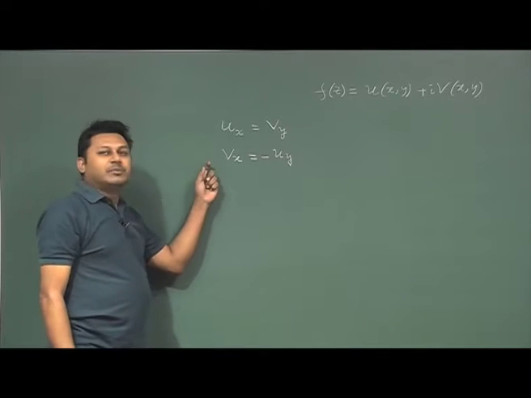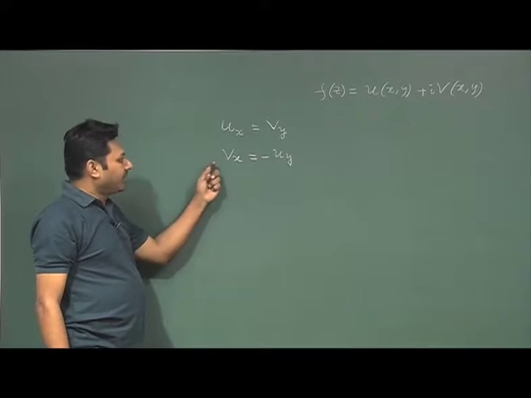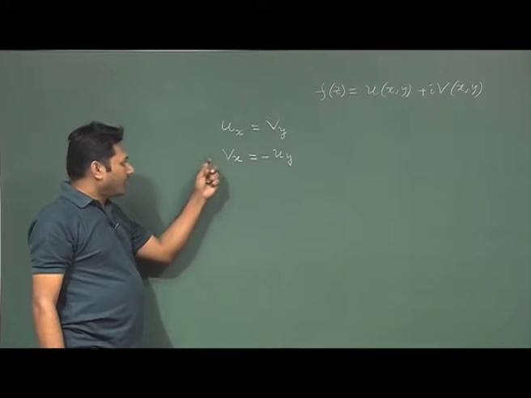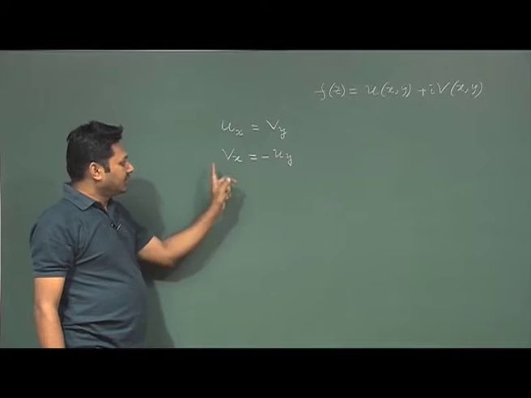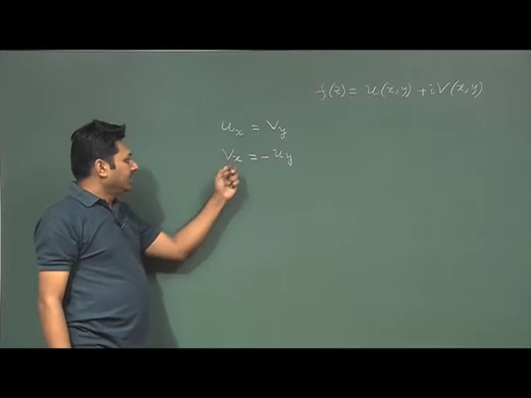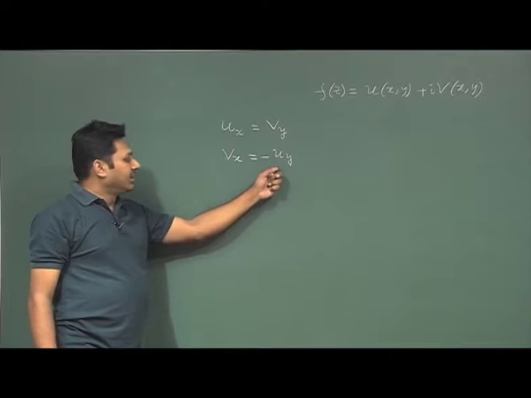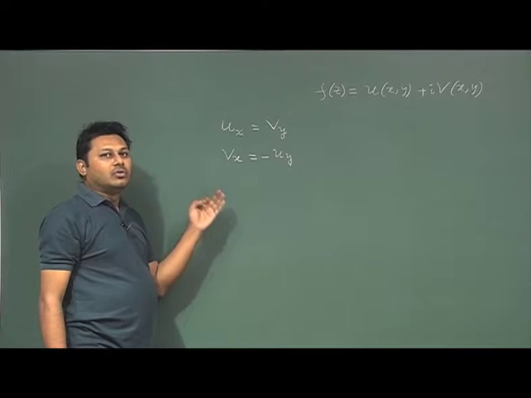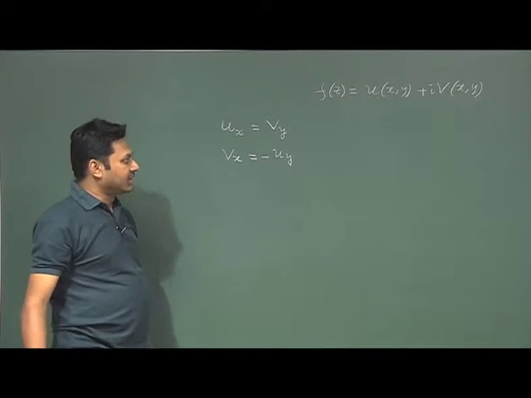These two equations are simultaneously satisfied if the function is analytic, and also these four quantities u_x, u_y, v_x, v_y have to be continuous in some domain over x. This is a sufficient condition.